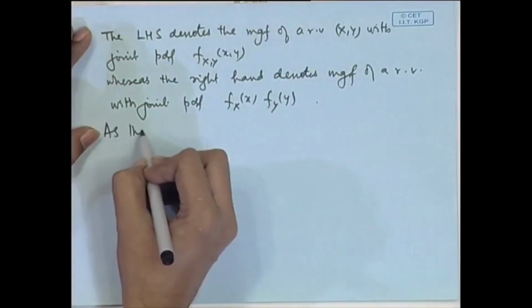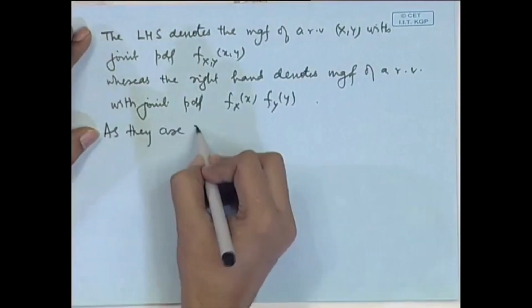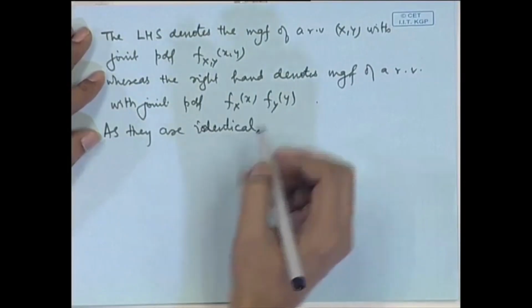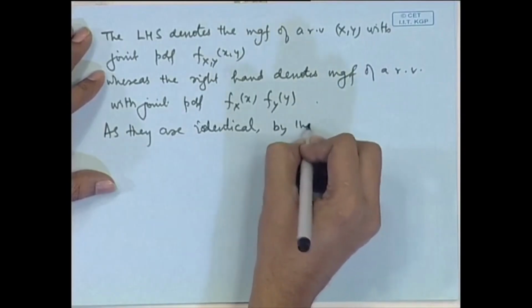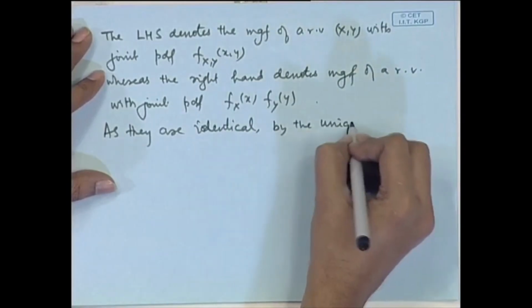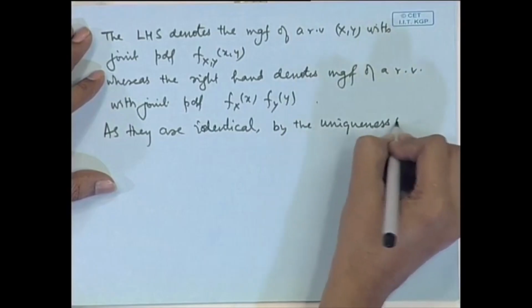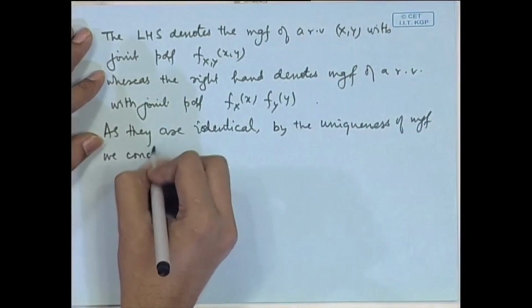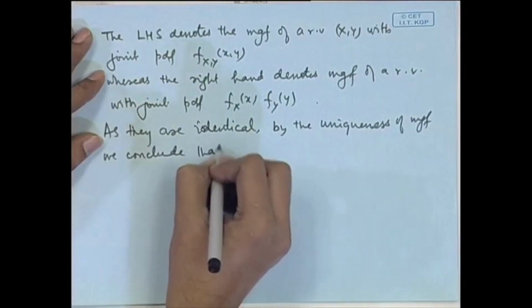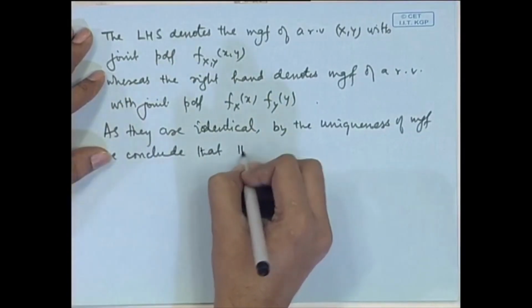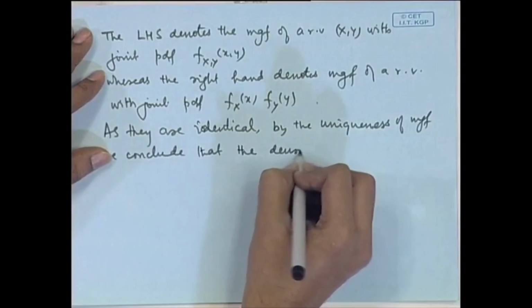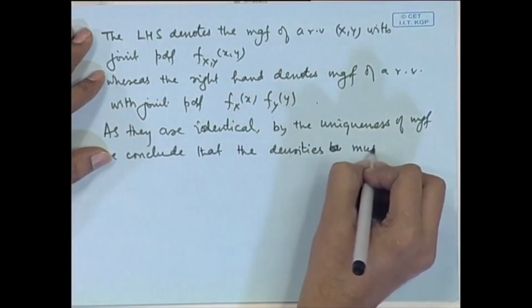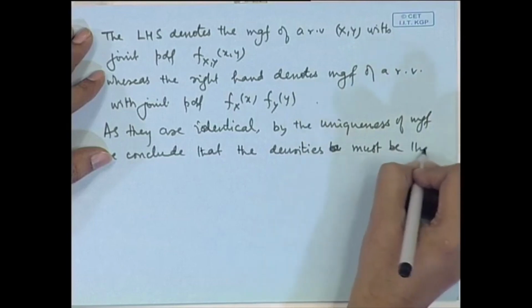As they are identical, by the uniqueness of MGF, we conclude that the distributions must be the same.